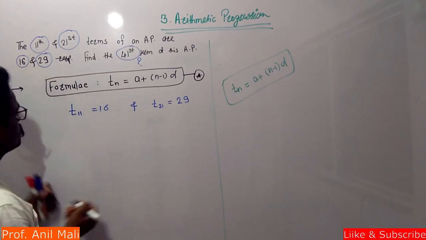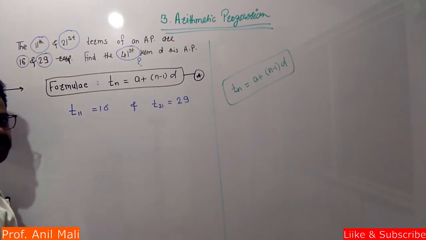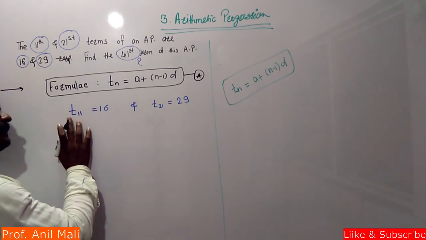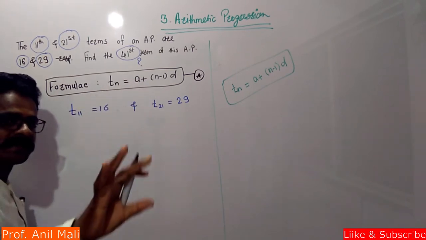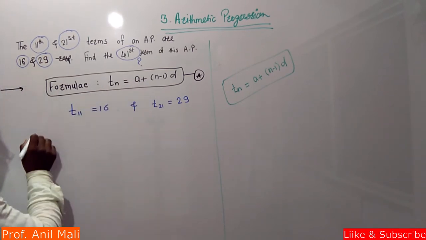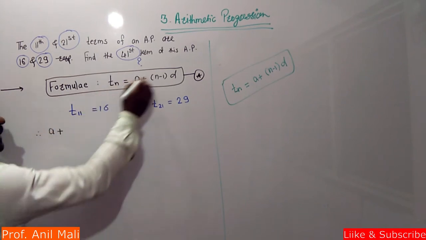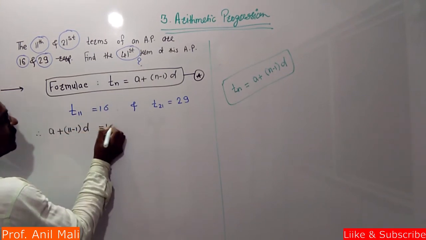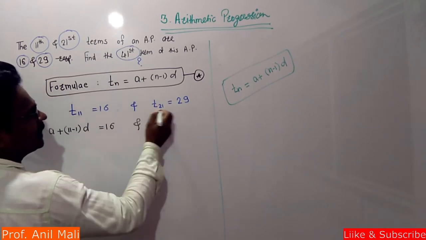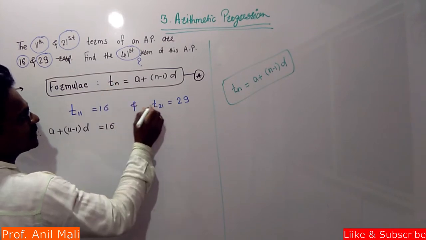Now see students, Tn is equal to a plus n minus 1 into d. So what will be the formula for the 11th term? The same formula will be here, just your n will be replaced by 11. Therefore we will get a plus 11 minus 1 into d is equal to 16. And on the other hand, for T21, substitute the value of n as 21.